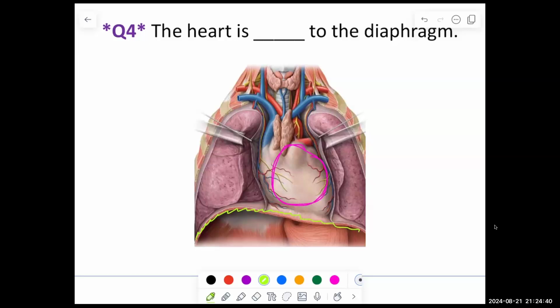That thin muscle is the diaphragm. What are you going to tell me? Superior. The diaphragm's an important one. The diaphragm is the border between the thoracic cavity and your abdominal pelvic cavity. It's kind of the barrier between the two, separating the two regions of those cavities.